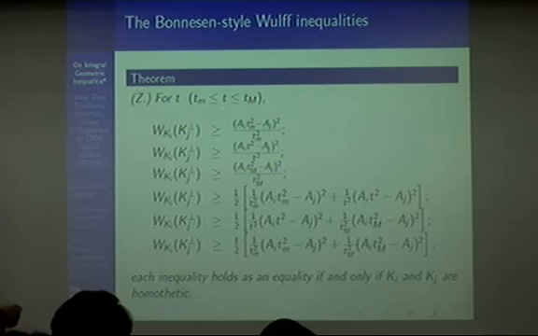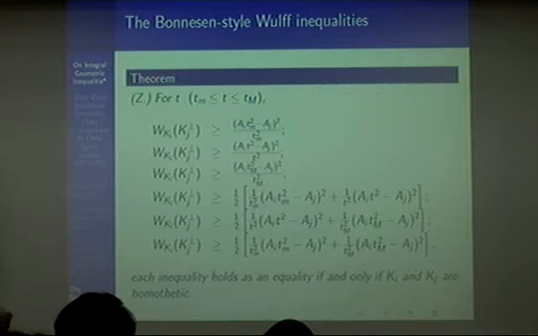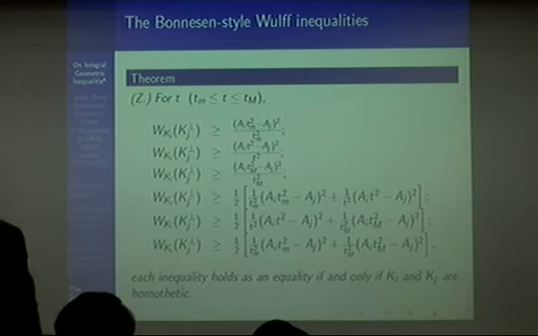Okay, if T is between those, T is here, then we have this inequality. Each inequality holds as an equality if and only if Ki and Kj are homothetic. It's homothetic. So you mean if one inequality holds?